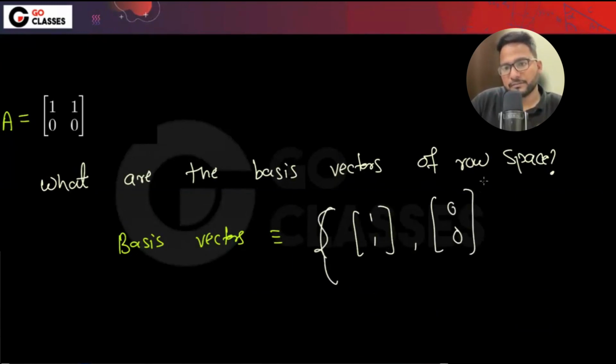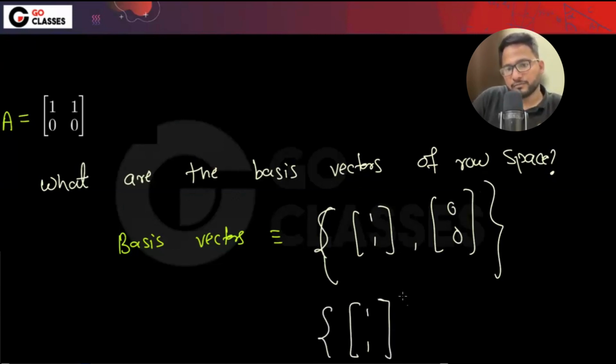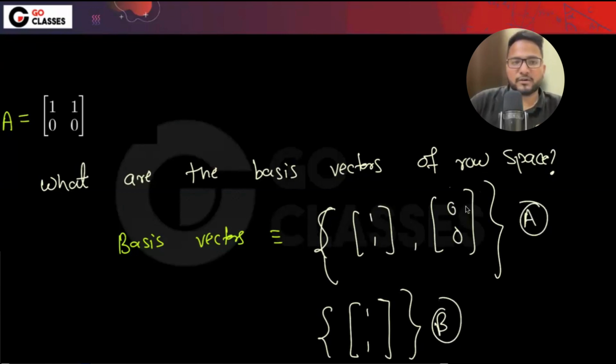Is this the answer, or is this the only answer? Let's suppose this is option A and this is option B. You can just tell me A or B, or first or second.